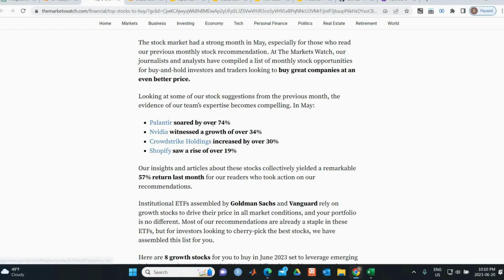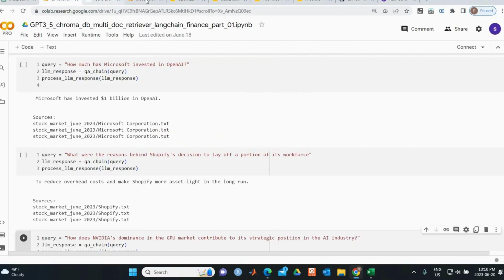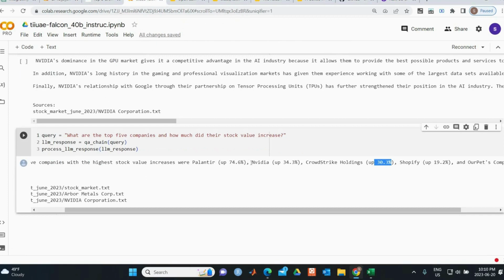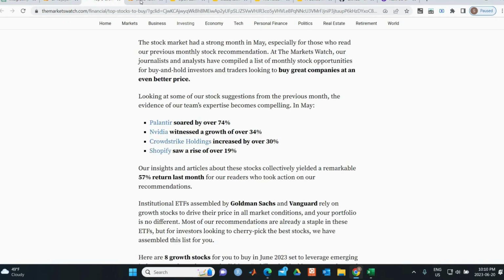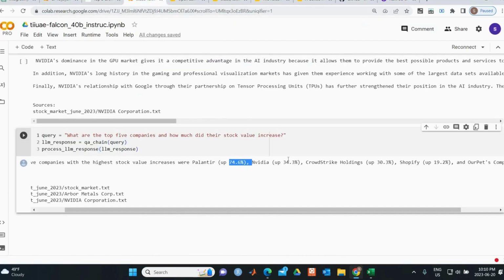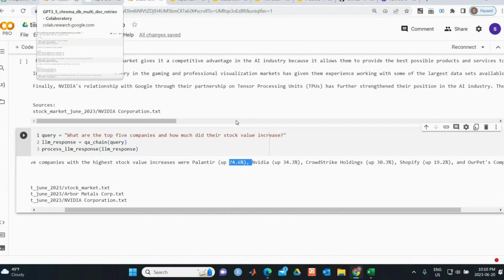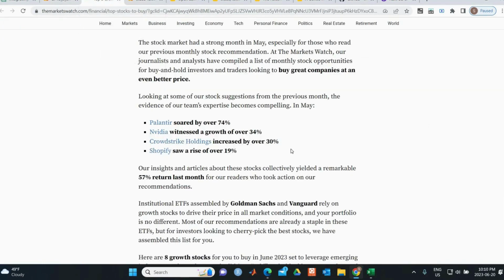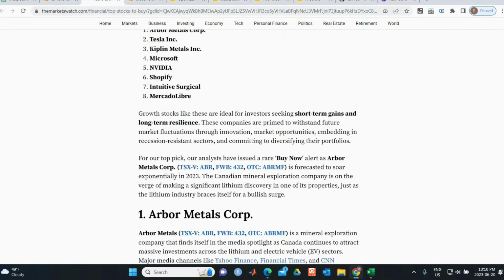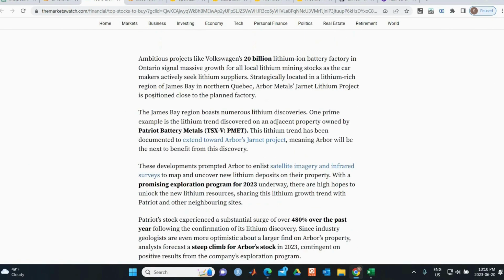Palantir soared by 74%, but it said 74.6, so it added the 0.6 by itself. Then 34.3 and 30.3 there. So it has added some extra information that I think we don't have in the summary.